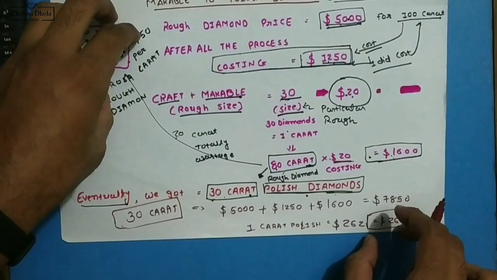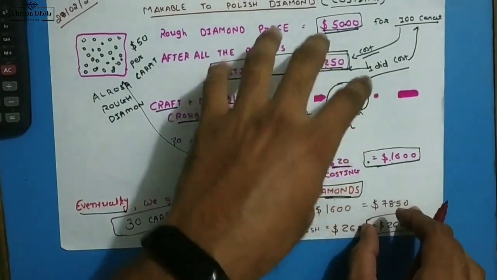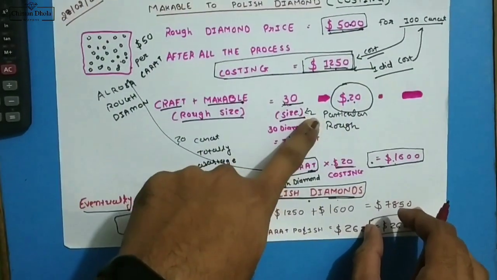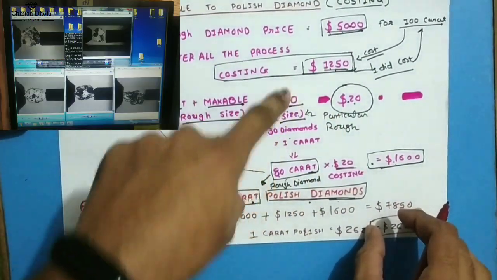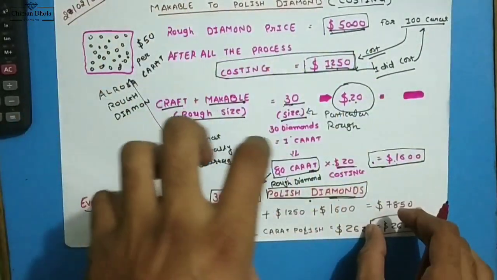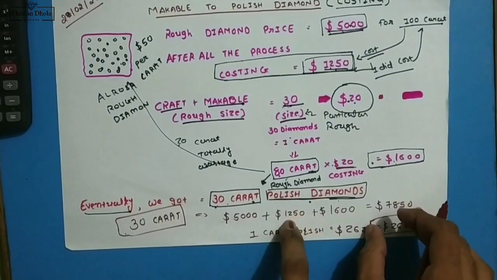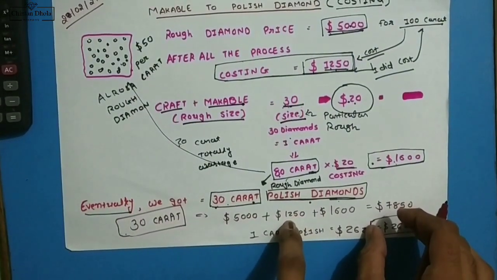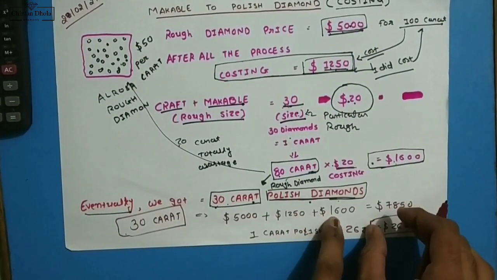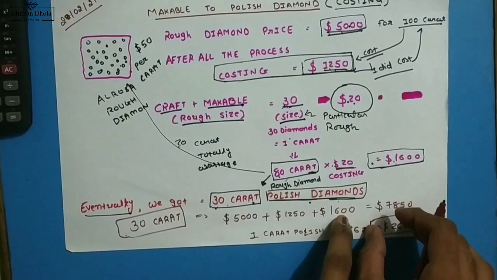I purchase this rough diamond, then after do a lot of processes on it, I do a lot of costing on it, I do the machining process, some different types of processes, and all the processes are included in the rough diamond plus what I did in the machining process plus what I did in the manufacturing unit, and I have to pay some workers, so I need to include that.